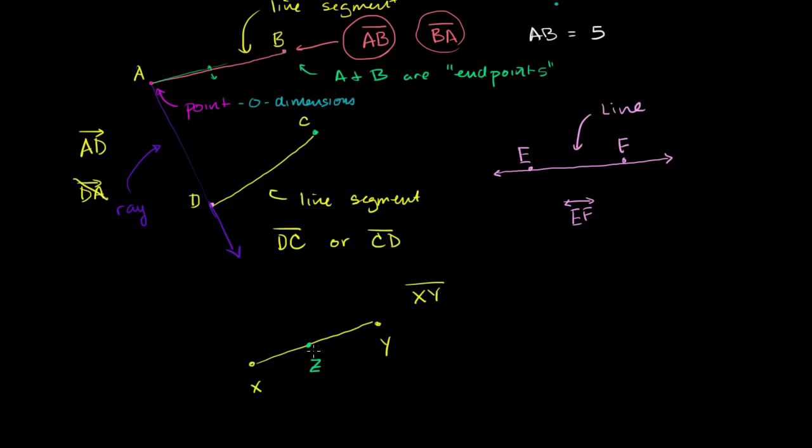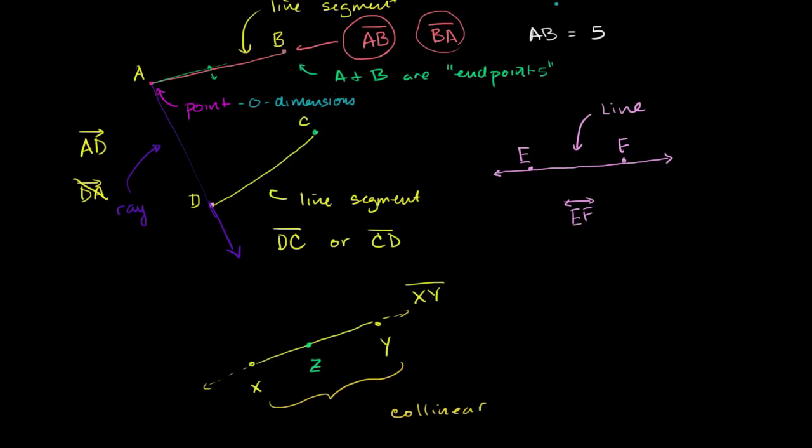X, Y, and Z all lie on the same line, if you would imagine that a line could keep going on and on forever and ever. So we can say that X, Y, and Z are collinear. They all sit on the same line, and they also all sit on line segment XY.